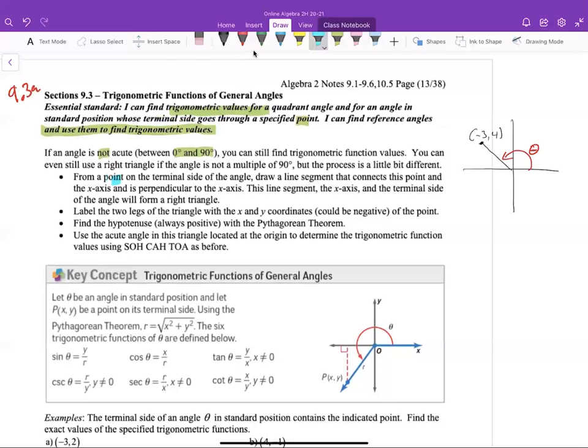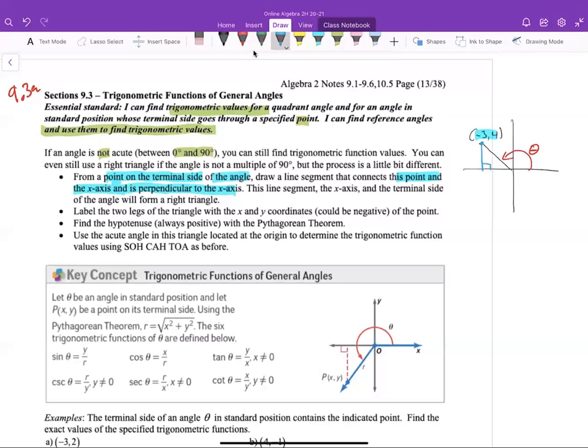From a point on the terminal side of the angle, which we have right here, -3 and 4, draw a line segment that connects this point and the x-axis, and it's perpendicular. So we're going to draw a line from the point of interest straight down to the x-axis such that I have a right angle with the x-axis.